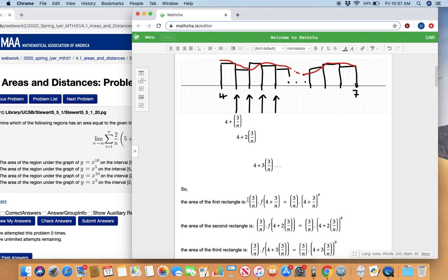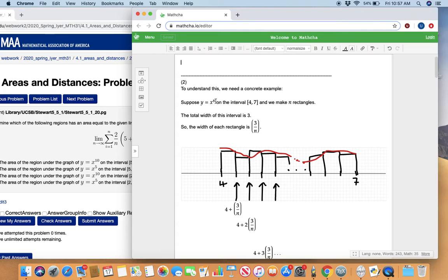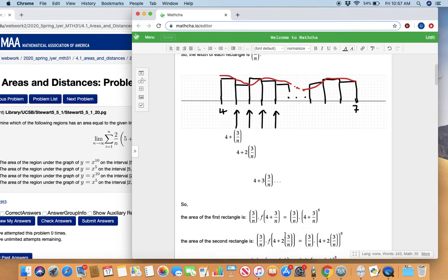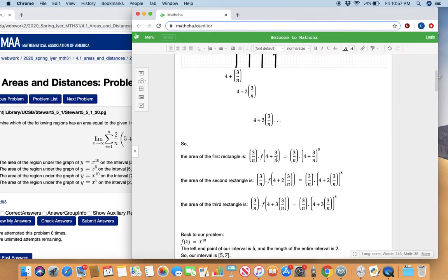The area of the first rectangle is width 3 over n times the height, which is nothing but f of 4 plus 3 over n, because that's what it means to be on the curve. That's the y coordinate. What was my function f? f was power 8. So it takes this number and gives me power 8. That's the area of the first rectangle.